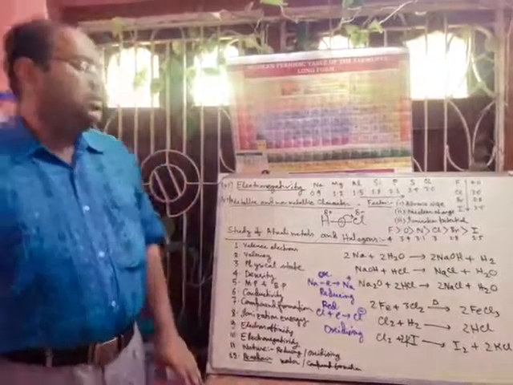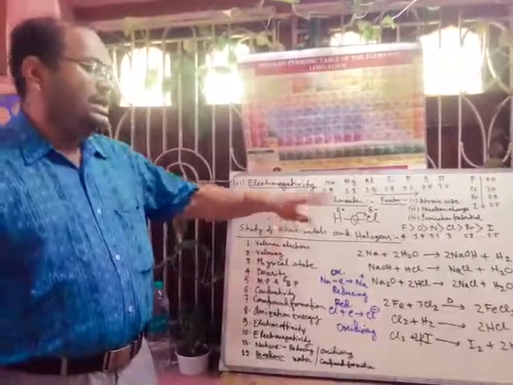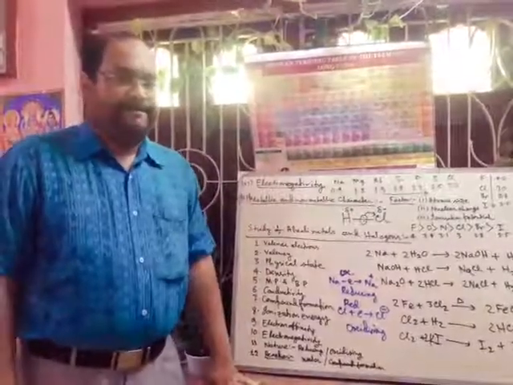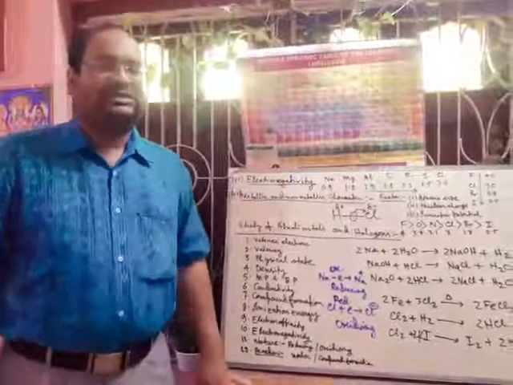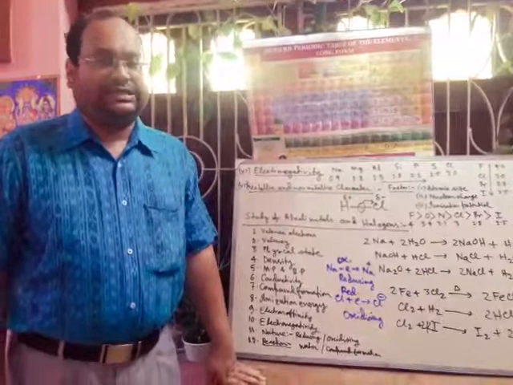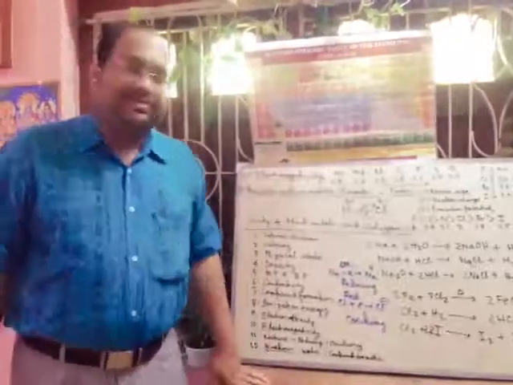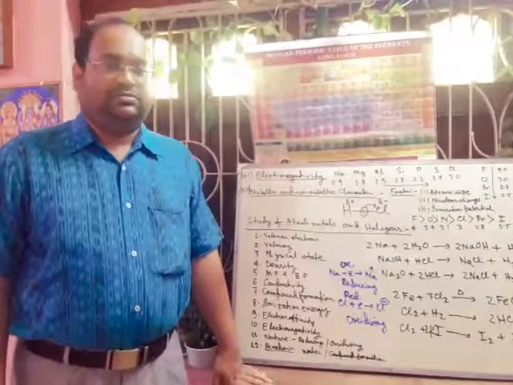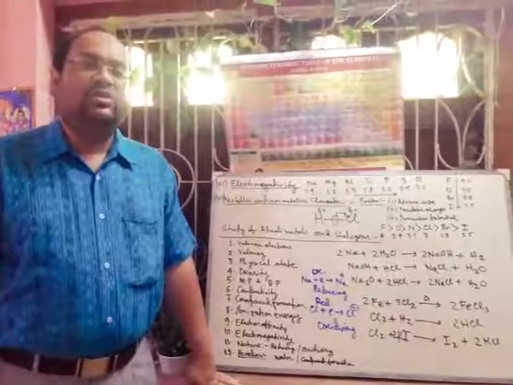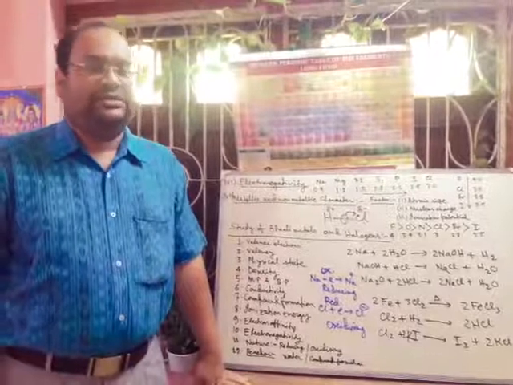Next, we will discuss the metallic and non-metallic character. This is another periodic property. Now from lower classes you know what are metals and what are non-metals and their characteristics. Today I will tell you one thing: those elements that have low IP value, that means ionization potential value, can easily lose electrons by gaining some amount of energy.